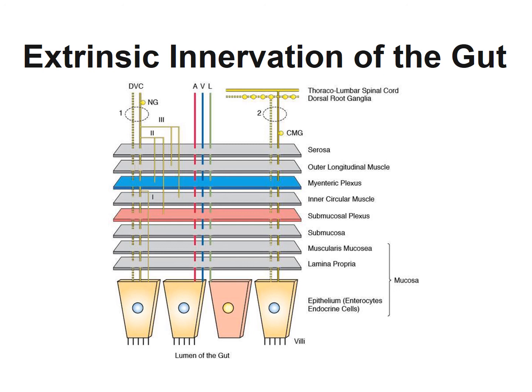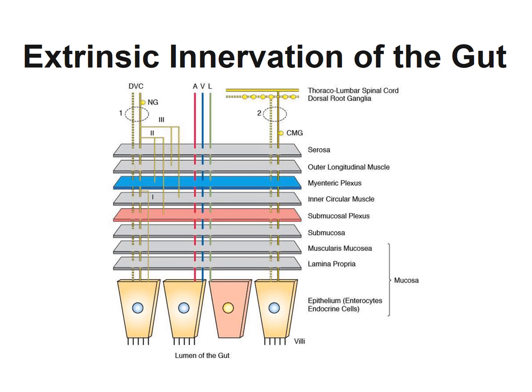Now, the vagus nerve has its cell body located in a ganglia slightly underneath your ear, and it's called the nodose ganglia.